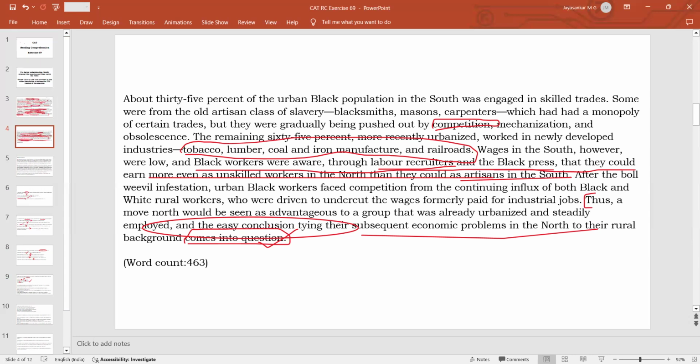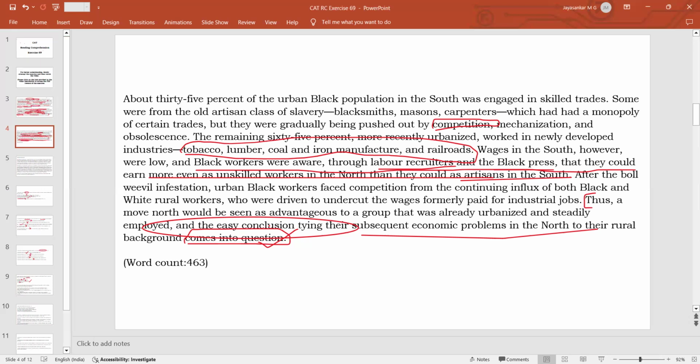What is an assumption? What is a conclusion? We have very clearly discussed those things in the initial RC video on assumptions, facts, inferences, and conclusions. Assumptions are supported by facts but not stated in the argument. Here the argument is that economic problems in the north for the black workers were because of their rural background.